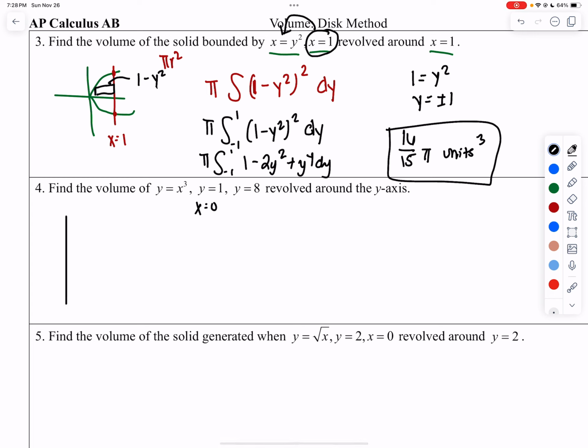Now, if I were to sketch this out, it revolves around the y-axis. So x is equal to 0. We have y is equal to 8 right here. And then y is equal to 1, let's say, right here.